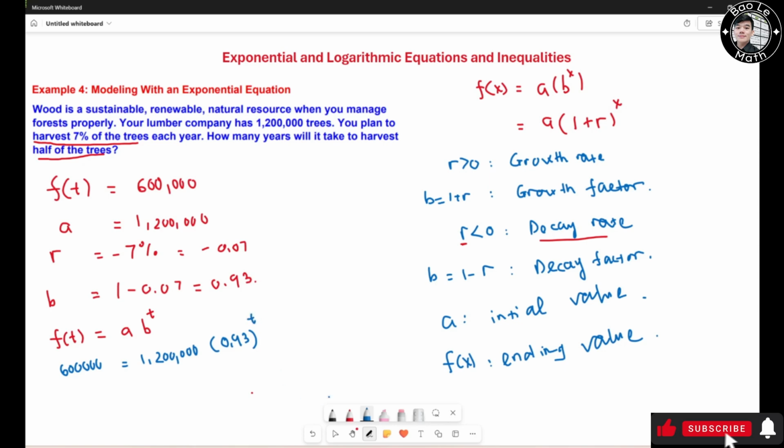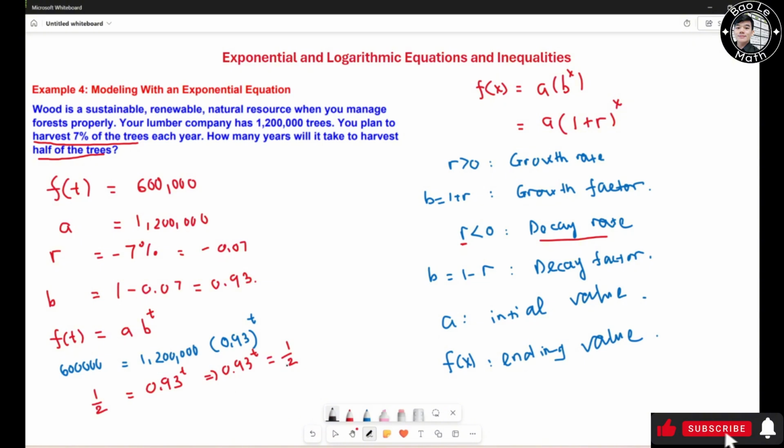Now we need to solve for t, so we need to divide both sides by 1,200,000. So it's going to be 0.5 equals 0.93 to the t. Or you can just rewrite this one as 0.93 to the power of t equals 1/2.